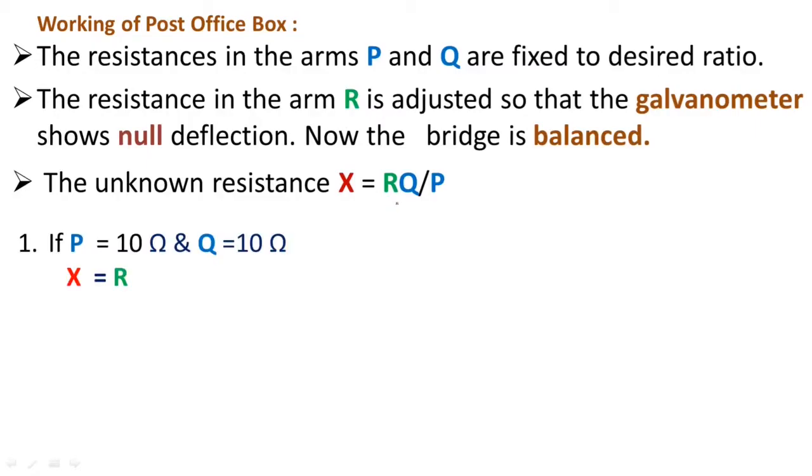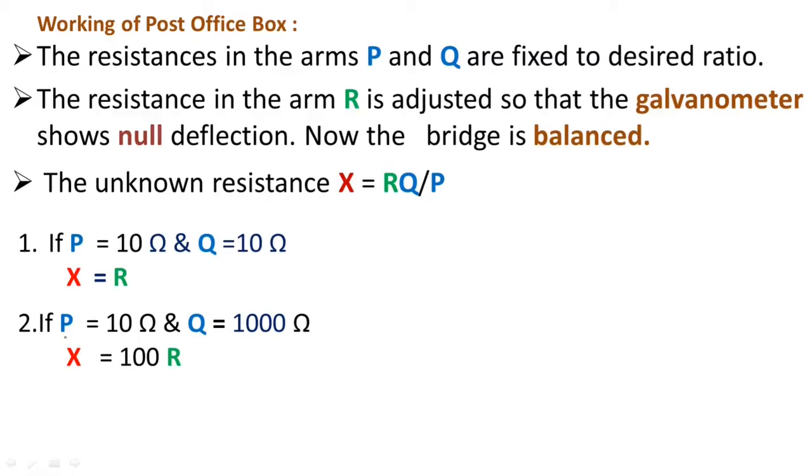We have different desired ratios by unplugging the resistances from arm P and Q. If P is equal to 10 ohm and Q is equal to 10 ohm, then unknown resistance is equal to resistance from the known arm R. Then X is equal to R.